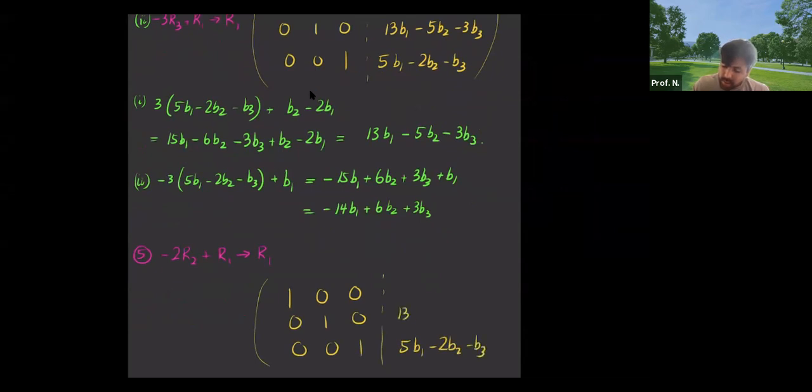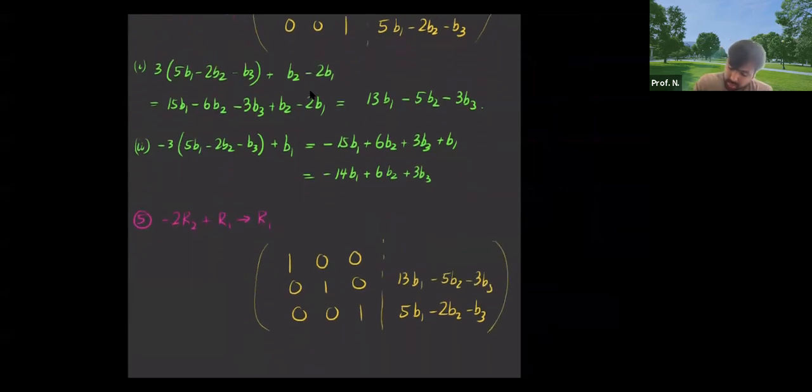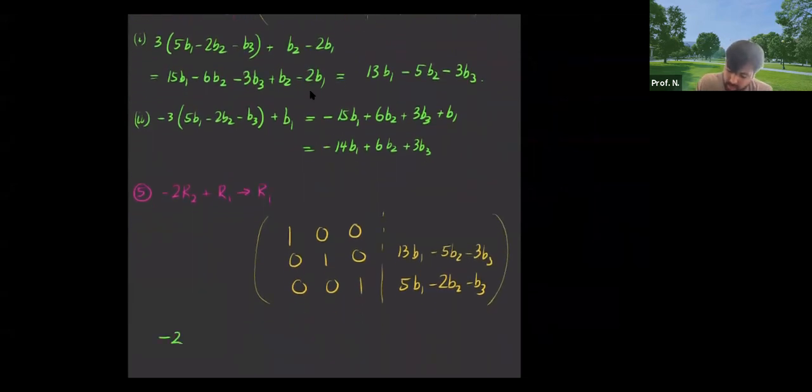I know this is 13b1 minus 5b2 minus 3b3. And now what does the last one look like? Well, I'm multiplying -2 by 13b1 minus 5b2 minus 3b3, which is row 2, and adding that to row 1.